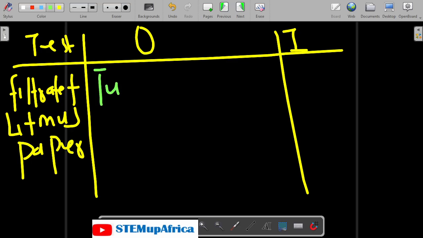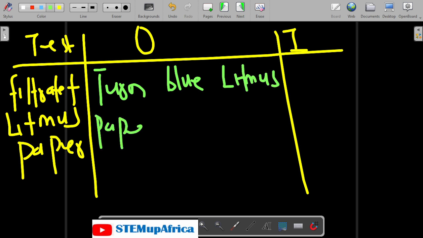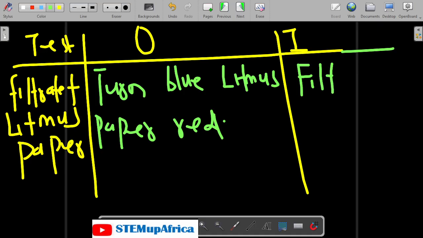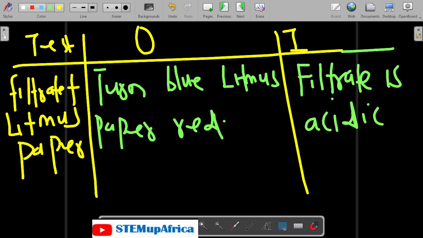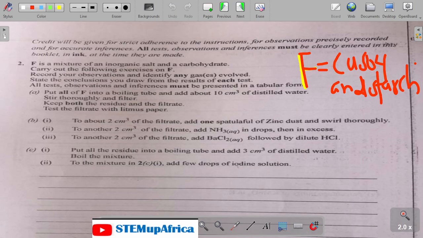The filtrate turns blue litmus paper red. What does that tell us? It's only acid that has this property. So what can we conclude? Filtrate is acidic. That's the conclusion I can draw. Let's go to Roman figure 2.